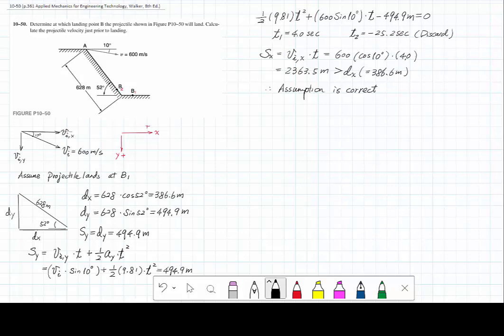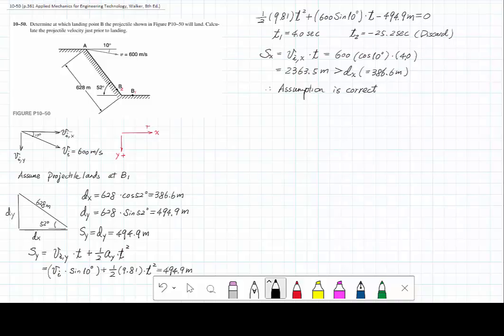Then what do we need to do? Well, let's look at the question itself, asking for calculating the projectile velocity just before landing. Okay, before we land on B1. So let's just use point B1 here.